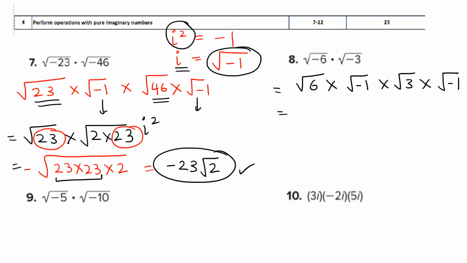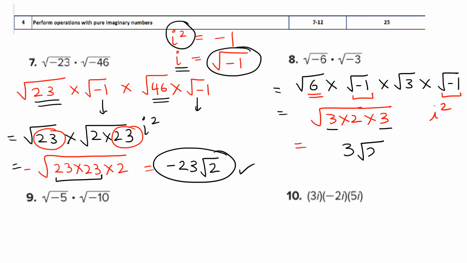Now -1 and -1, this is iota times iota, so i squared, and 6 can be written as 3 times 2, and there is already one more 3. So I combine everything together. Because it is a square root, I can take 3 outside. Inside, I'm left with 2, and i squared is multiplied, which is -1, so a negative sign. This is the answer.